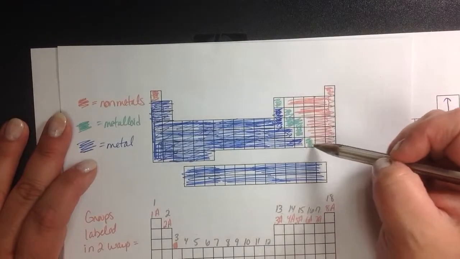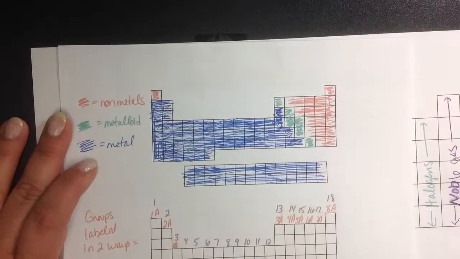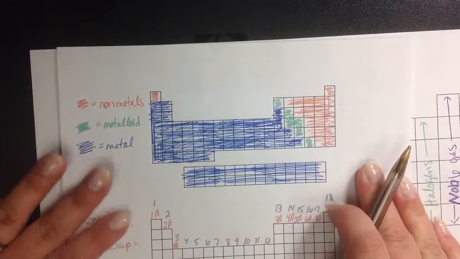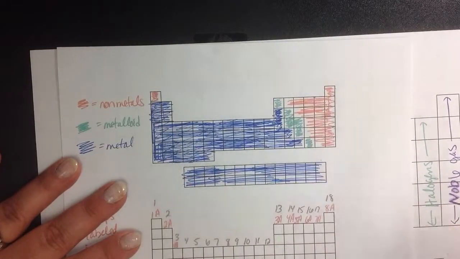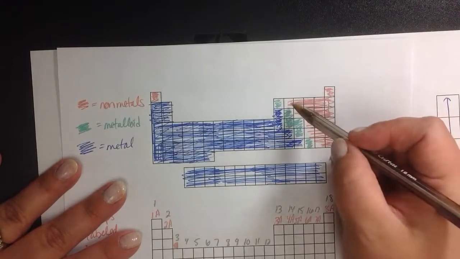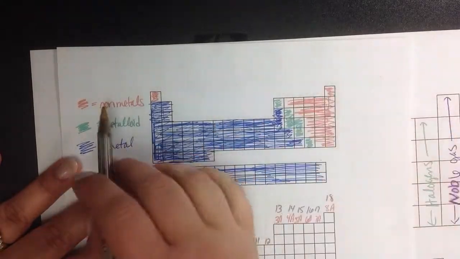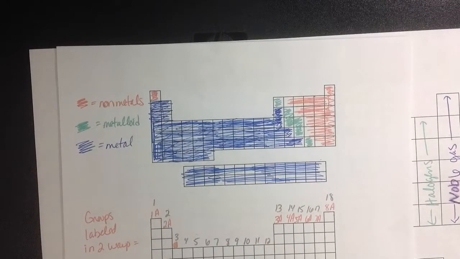These are your metalloids, the ones in green, like this little stair step type of thing right here. Those are really important as semiconductors and a whole bunch of other things that come into your daily life. And then in the red, we have the nonmetals. Again, very important to you because there's carbon, oxygen, and even hydrogen here, so those are the building blocks of you.